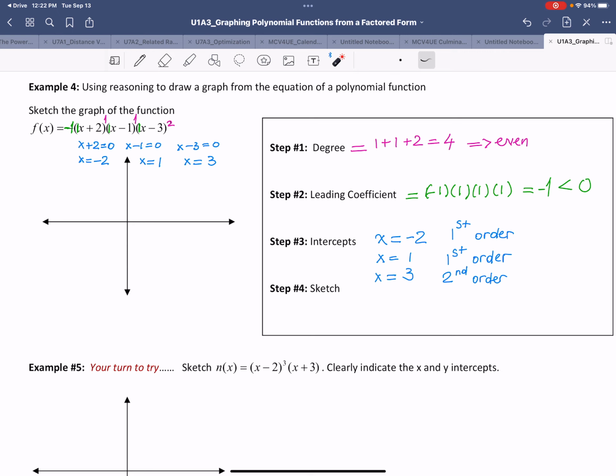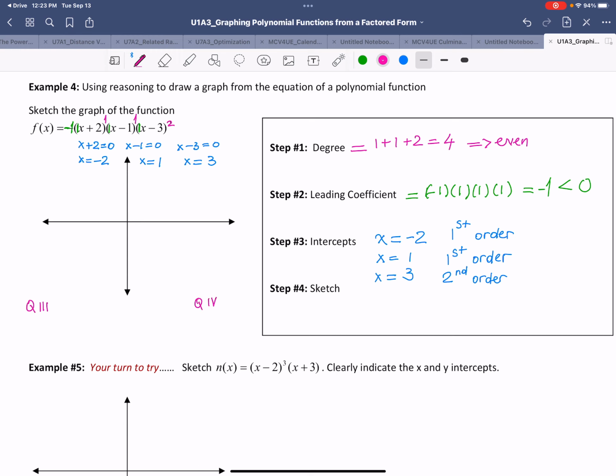That means it will be a parabola that opens down. The behaviors of any even degree functions will be similar to the behavior of a parabola. And in this case, we have a 4th-degree function, which will extend from quadrant 3 to quadrant 4.